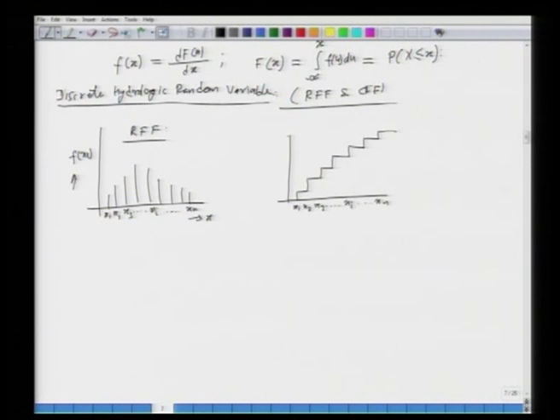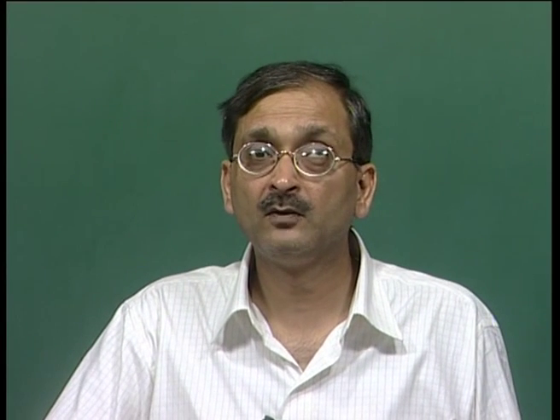What will be the maximum value? It has to be equal to 1. The cumulative of all the probabilities from a relative frequency function should sum to 1, or the mass probability of all the events has to be equal to 1.